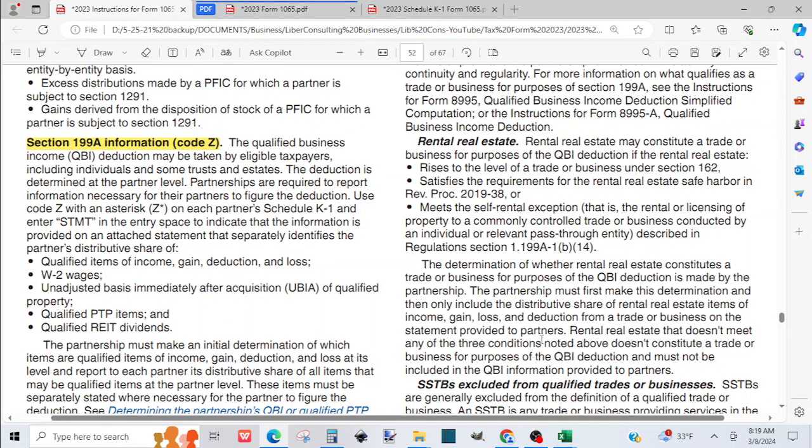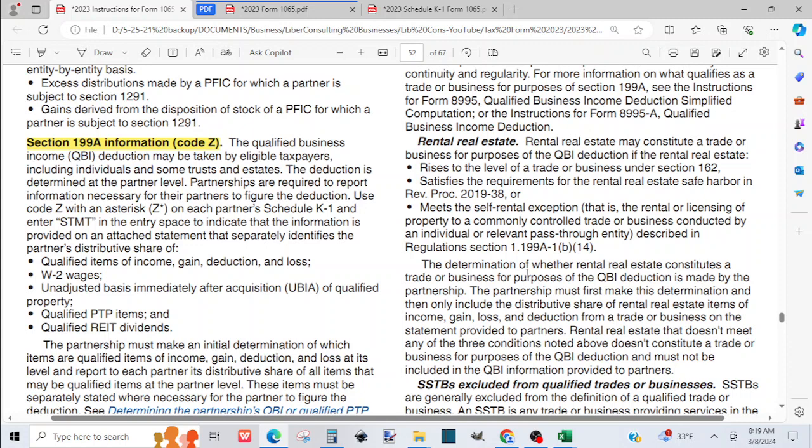I'm not going to trace it, and you can read through it, and while you're at it, if you have rental real estate, rental real estate may constitute a trade or business for purpose of the QBI deduction if the rental real estate rises to the level of a trade or business under Section 162, satisfies the requirements of the rental real estate safe harbor, or meets the self-rental exception.